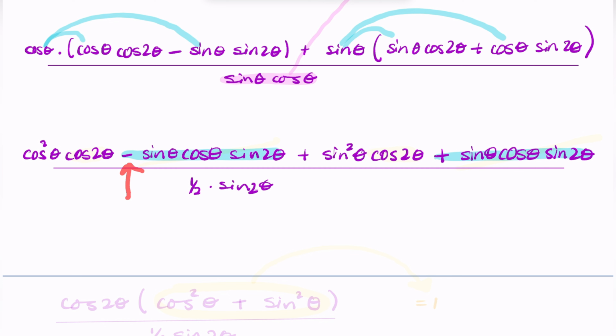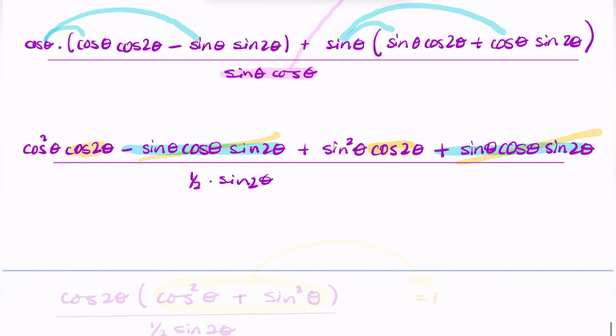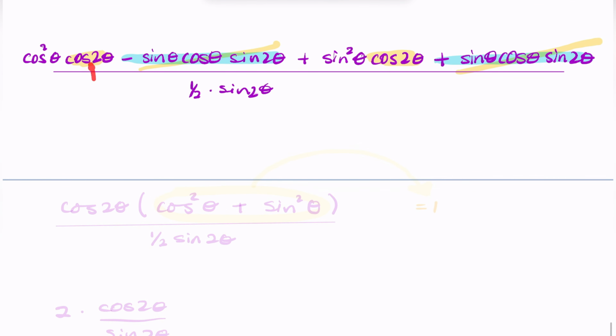So that's convenient. We can simply remove this term and that term, and they add up to 0. And the cosine 2 theta here and the cosine 2 theta there, you can take that as a common factor.